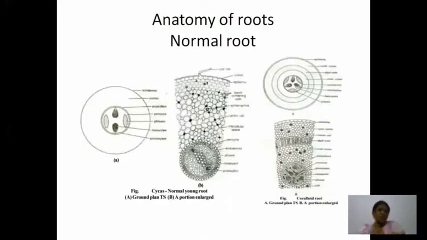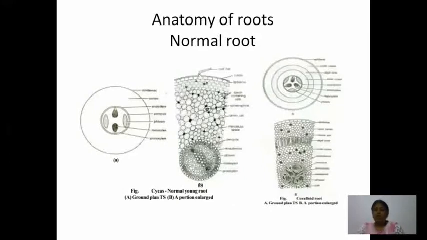Here you see the anatomy of the roots. In the order Cycadales, there are two types of roots present, that is normal roots and coralloid roots.